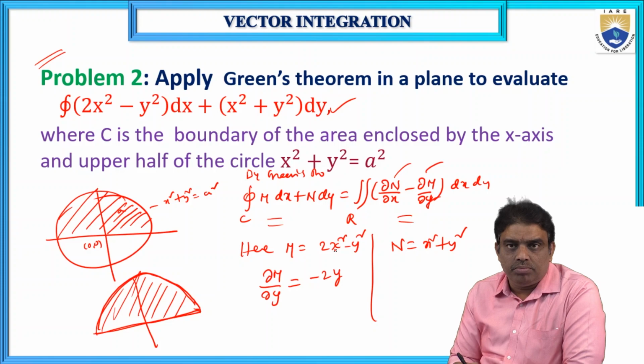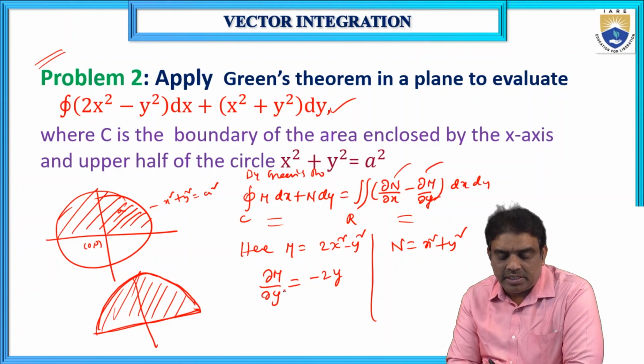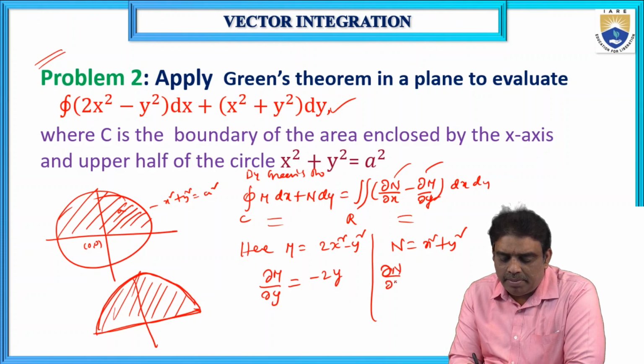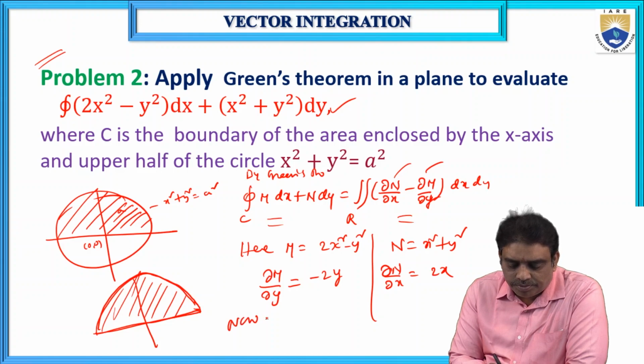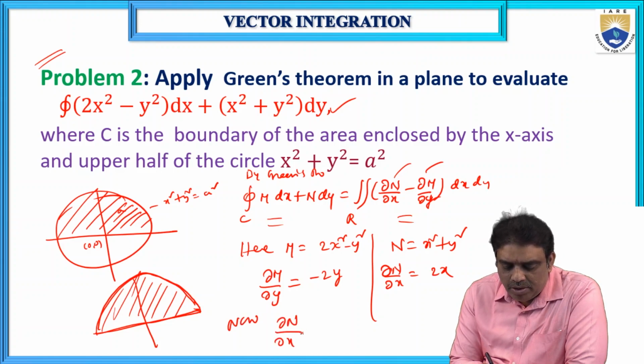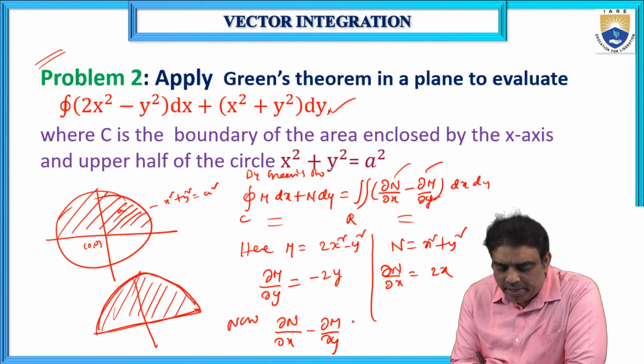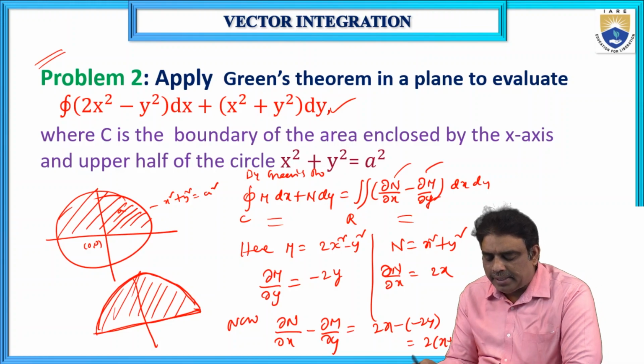The first term will be 0 because we are differentiating partially with respect to y. And the second one, dou N by dou x, is 2x only. Now dou N by dou x minus dou M by dou y is equal to 2x minus of minus 2y, that is 2 into x plus y.